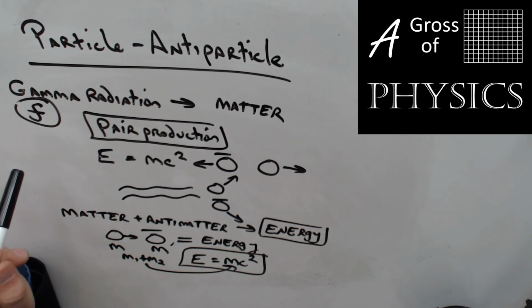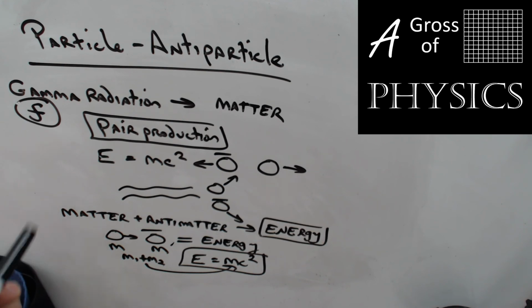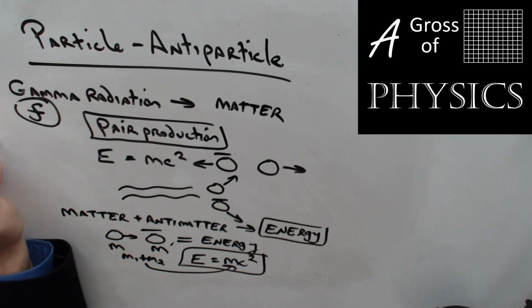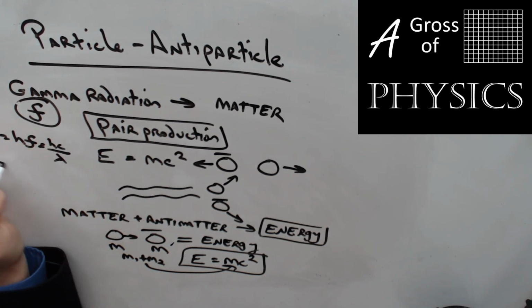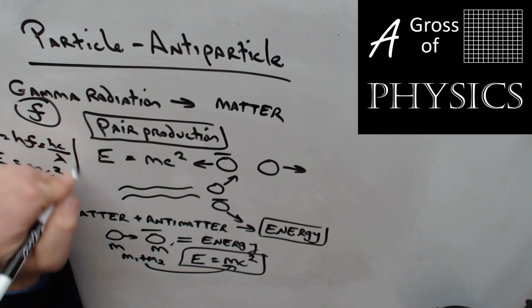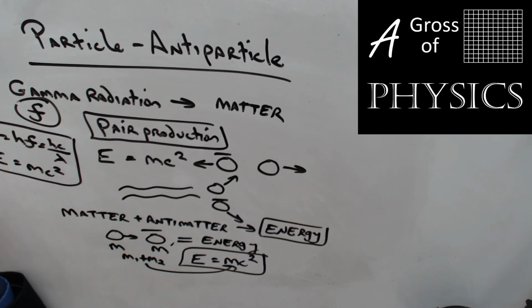You have to figure out the unknowns. Remember, our equations for this section typically are E equals hf, or hc over lambda, and E equals mc squared. At this point, those equations should seem easy to you after we've dealt with some that were much more complex. So particles and antiparticles either produce a pair of matter and antimatter or annihilate one another and form energy. And E equals mc squared is the bridge between the two, c being the speed of light.